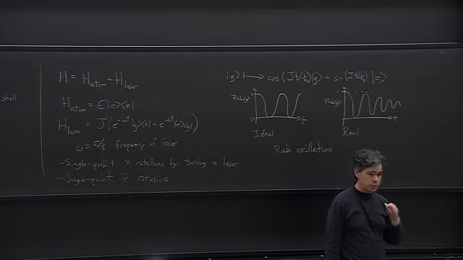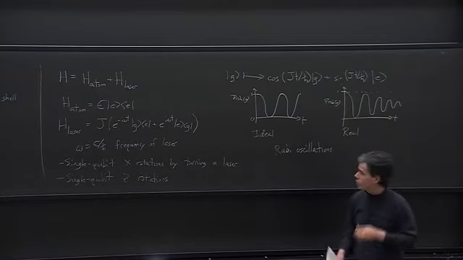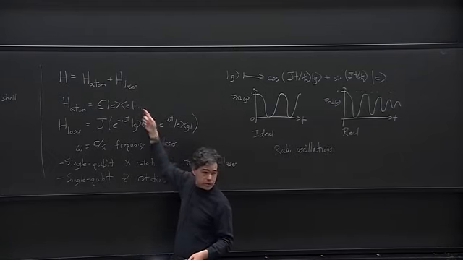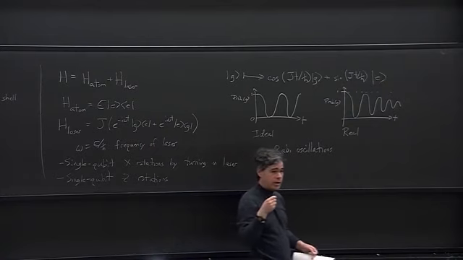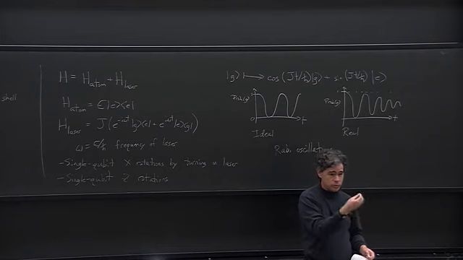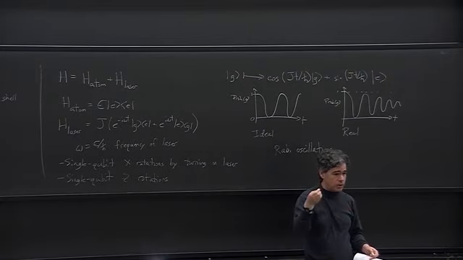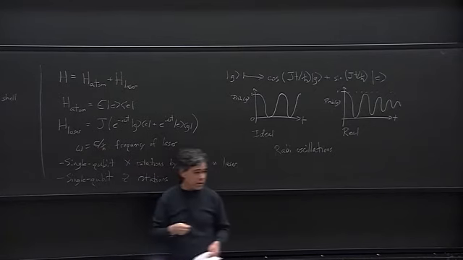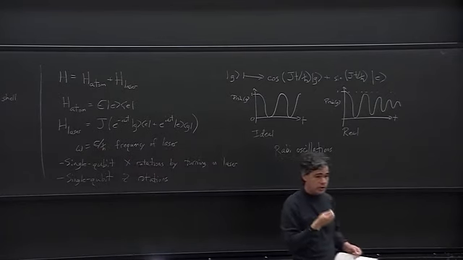And the answer is, don't do anything. Why? Because what happens if we don't do anything? Well, this laser is off, so the whole Hamiltonian is here. And so what evolution does that do? That means that the 0, the ground state, goes to itself, and the excited state goes to e to the minus i E t over h bar.